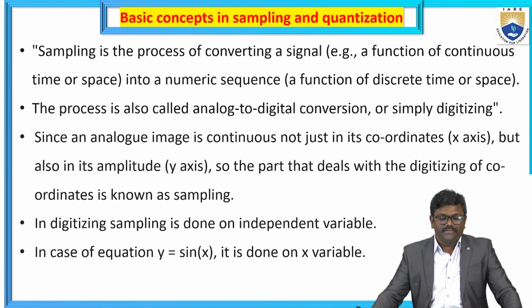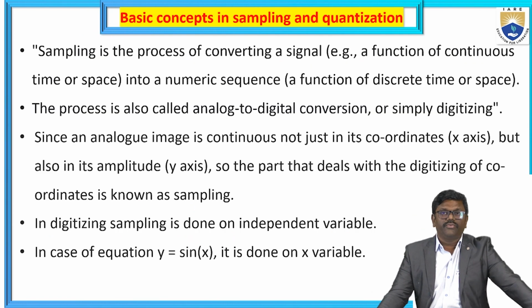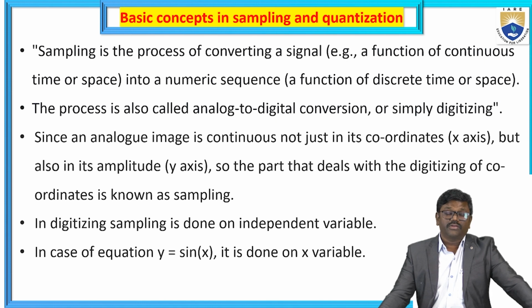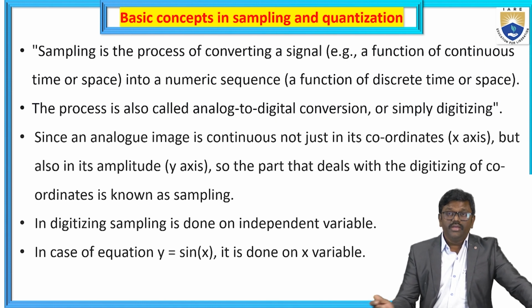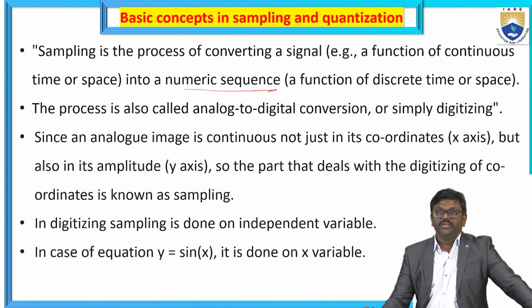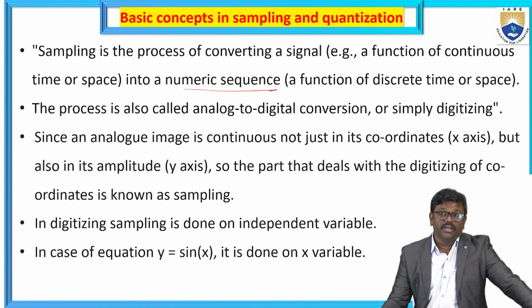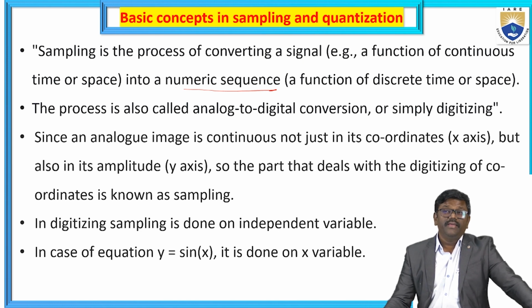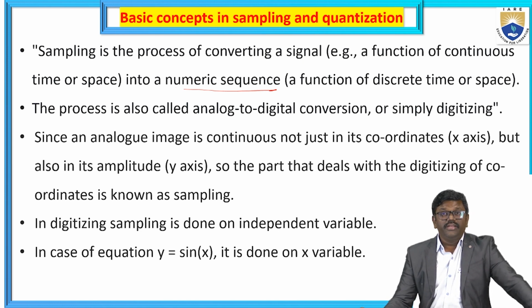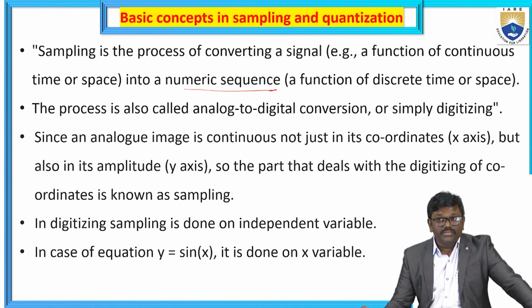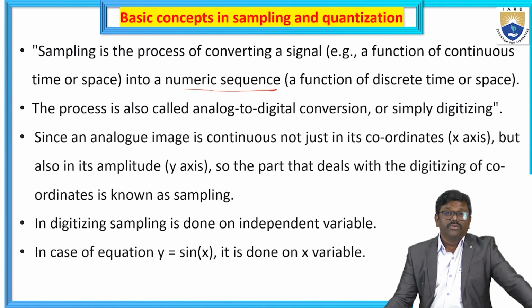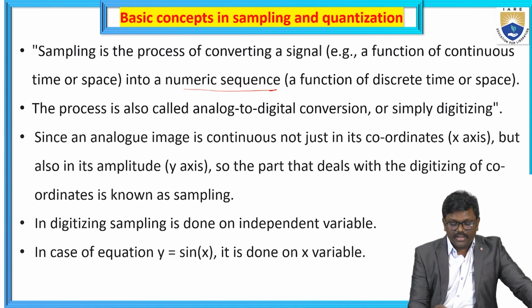So we'll see this complete process which we wanted to understand. Sampling is the process of converting a signal that is a function of continuous time or space into a numeric sequence. This process is also called analog to digital conversion or simply digitizing. It also needs amplitude on the y-axis, so the part that deals with the digitization of coordinates is known as sampling.